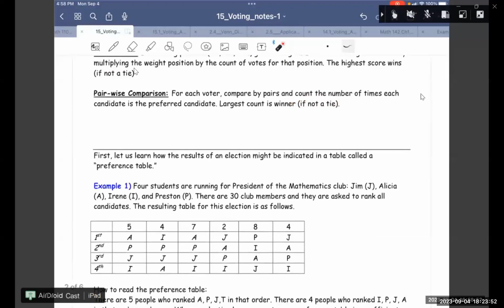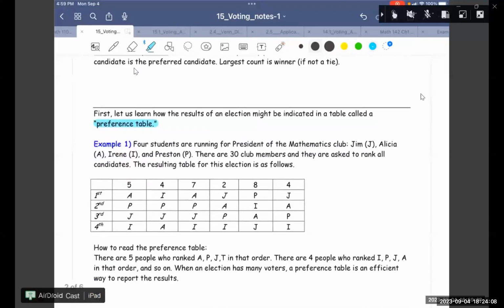So we have a list of tables. First, let's learn about the results of an election, which might be indicated in a table called a preference table. For example, say we have Jim with the J, Alexa with the A, Irene with the I, and Preston with the P. There are 30 club members, and they were asked to rank the candidates.